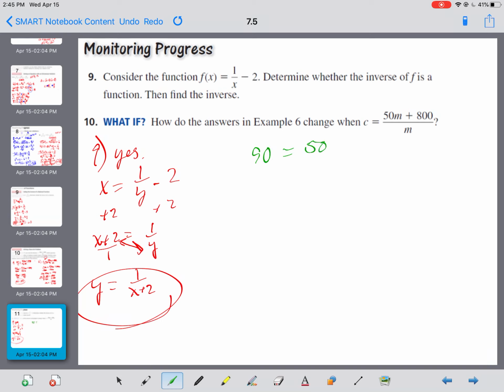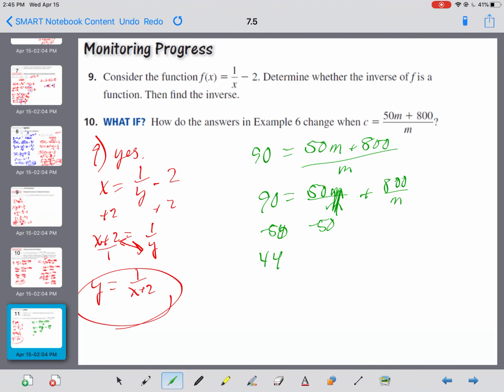How do the answers in example 6 change when C equals 50m plus 800 over m? Well, let's say we plug in 90 and we say 50m plus 800 over m, and we separate. That goes, so minus 50.